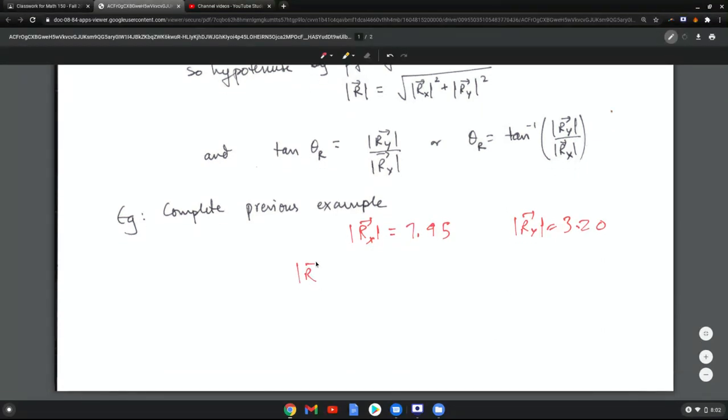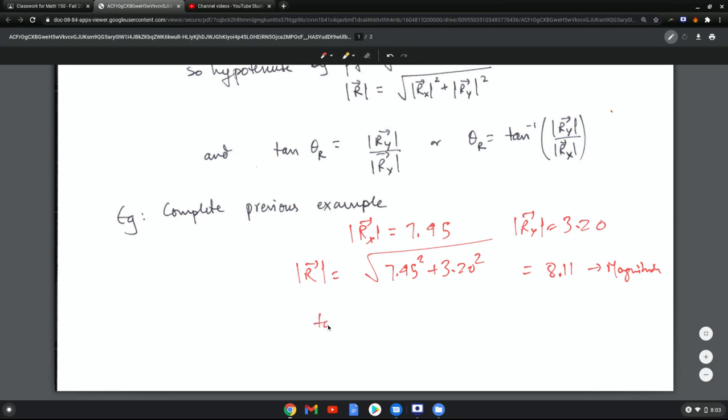You can find the magnitude of the vector as the square root of 7.45 squared plus 3.20 squared. This is pretty much similar to the calculations that you've done before for the Pythagorean theorem, so this should not be anything new. Just plugging this into the calculator gives me 8.11. So that's going to be the magnitude.